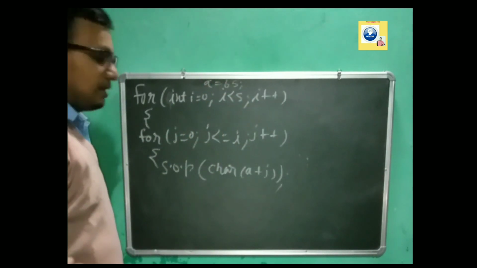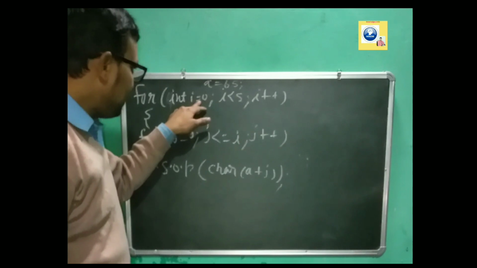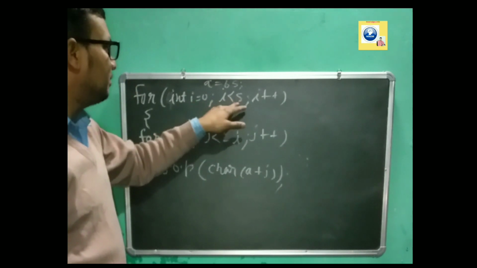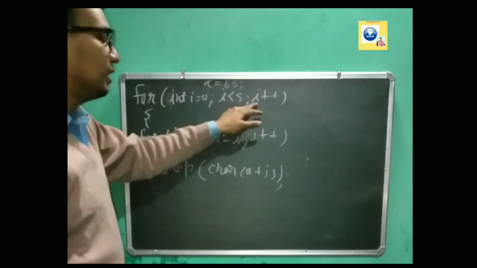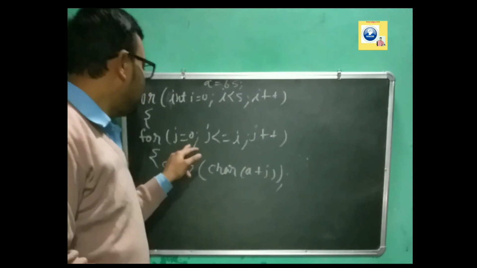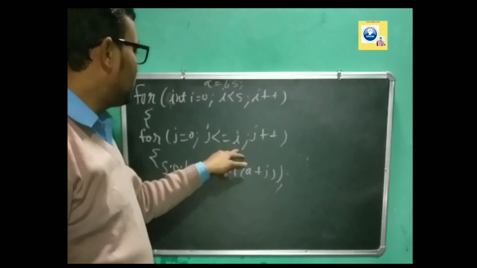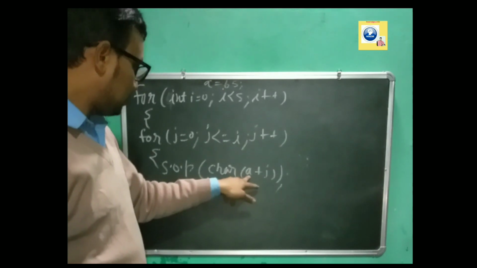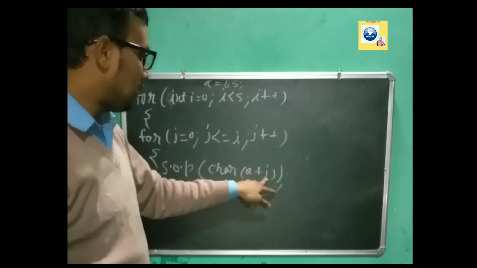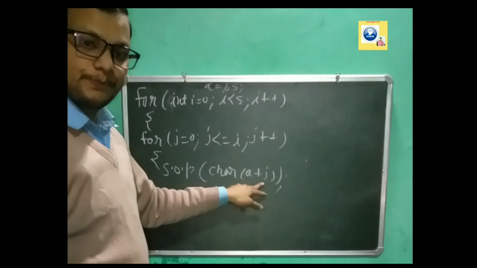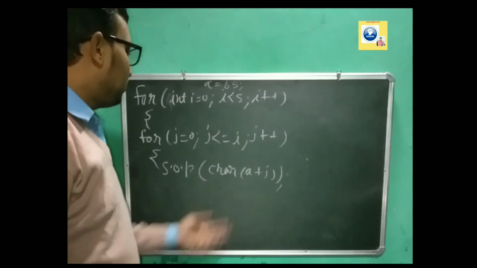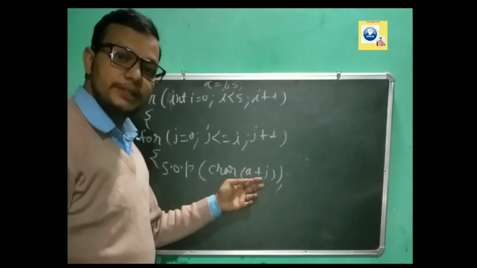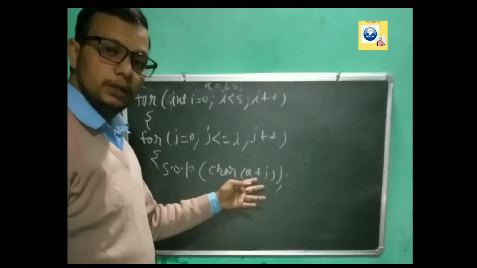Okay, now let's see. i is 0, 0 is lesser than 5, so the condition is true. j is 0, 0 is equal to 0, the condition is true. What is the value of a? 65. 65 plus 0, 65. As a number it is 65.